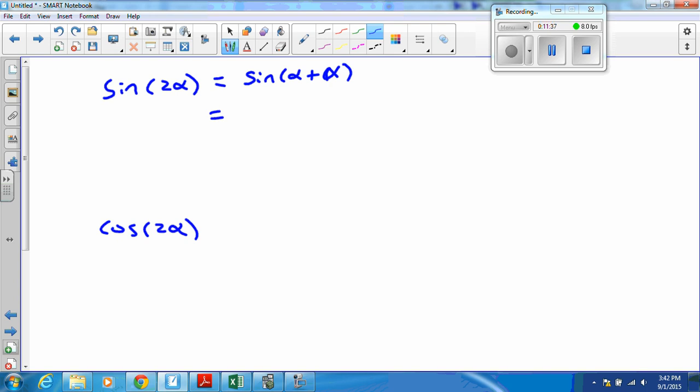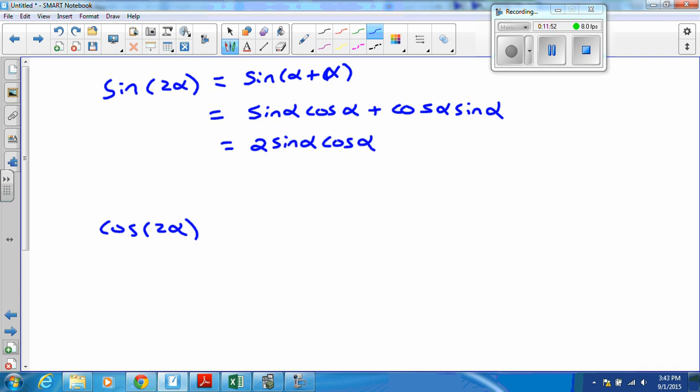And using angle addition, I get sine alpha cosine alpha plus cosine alpha sine alpha. But these are exactly the same terms, so that I get 2 sine alpha cosine alpha. This is the famous double angle identity for sine.